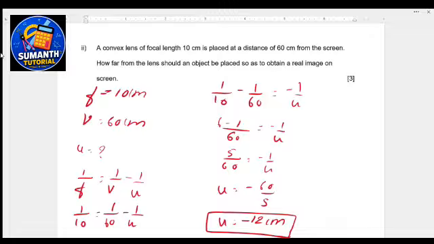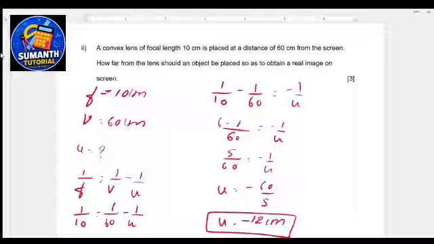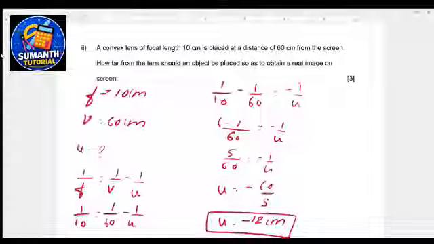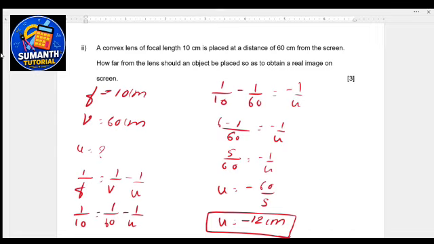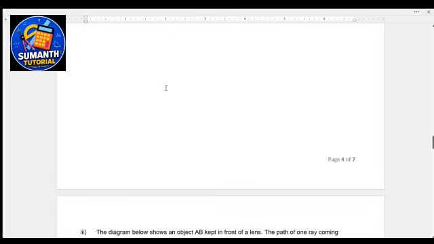You should remember the sign convention, followed by while reading what's the value it is given in the question, that you have to check. Here 10 centimeters is the focal length, 60 centimeters the image distance, and we are going to calculate the object distance. So U is equal to minus 12 centimeter. Clear? So let's scroll down. Go to the next one.